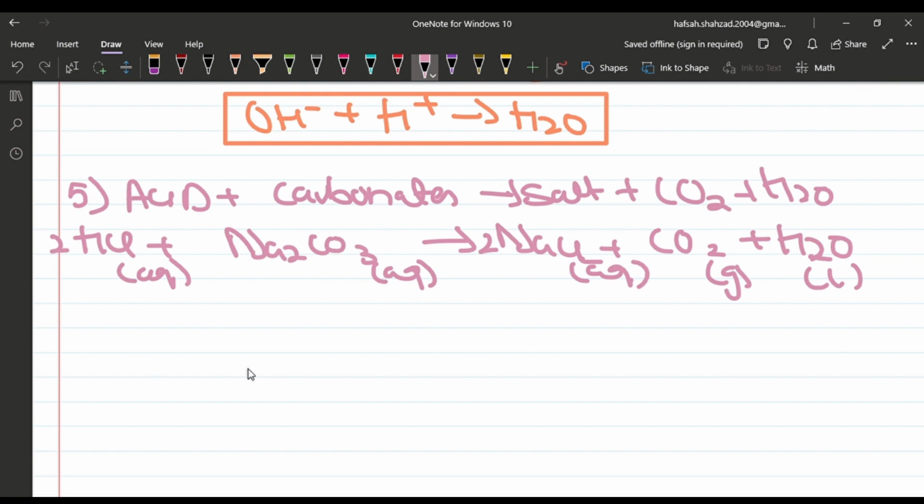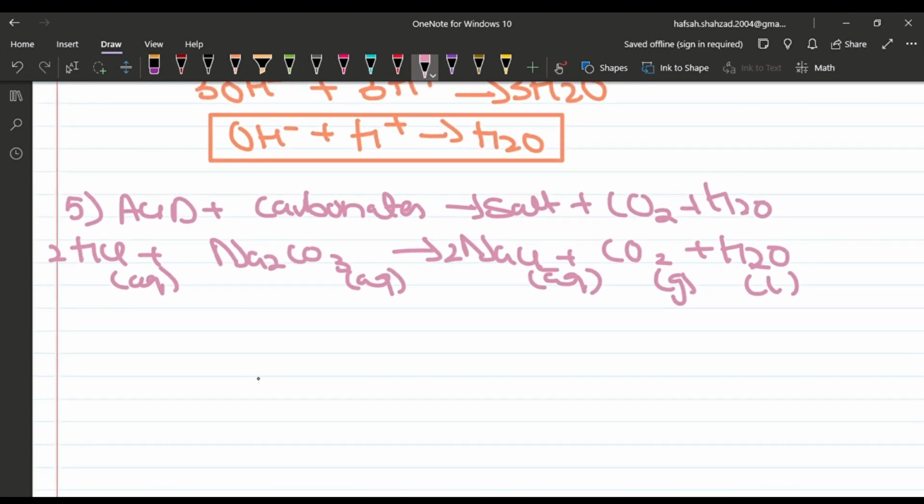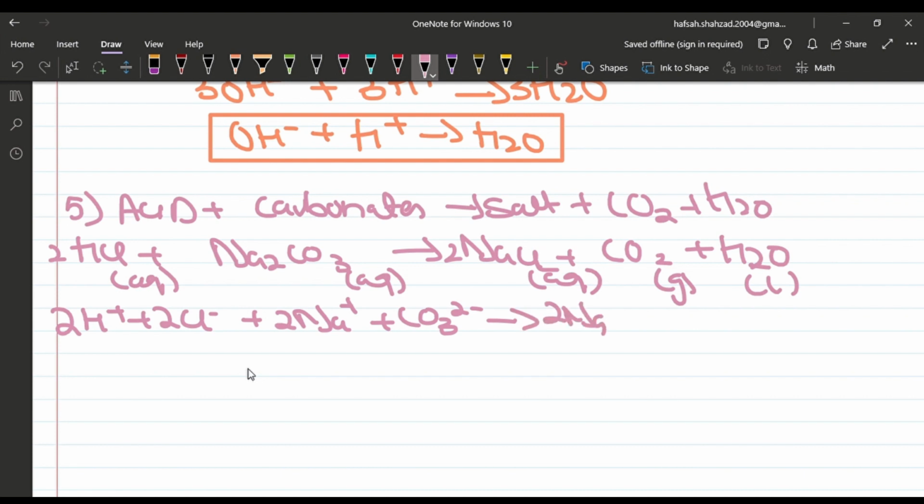So 2H plus 2Cl negative plus 2Na plus CO3 2 negative gives 2Na plus 2Cl negative plus CO2 plus H2O. So as spectator ions, we have 2Cl and 2Cl, and we have Na and Na.